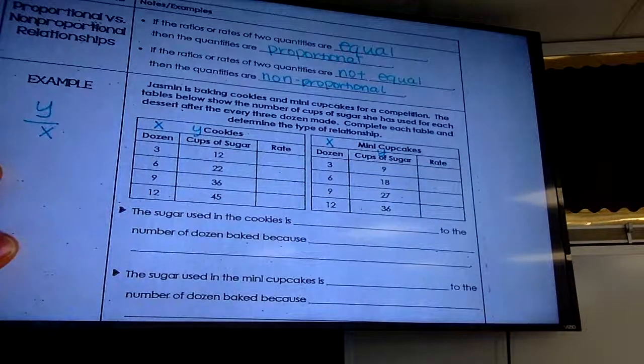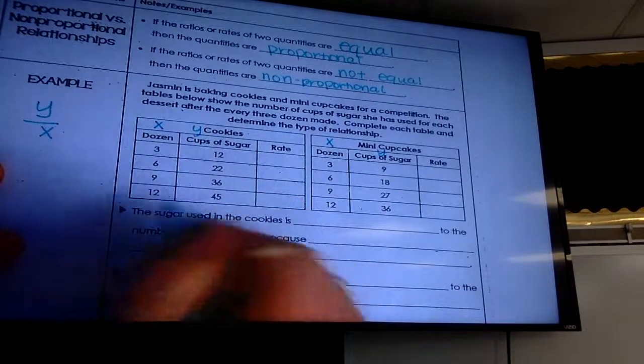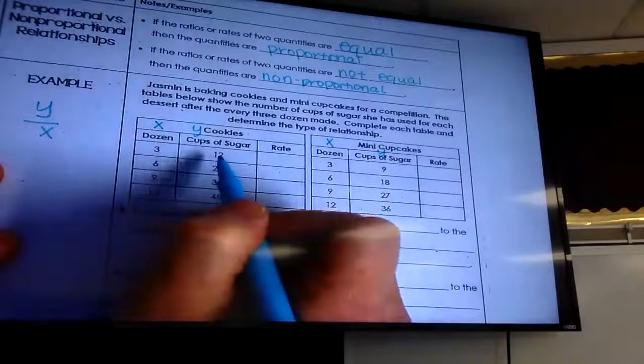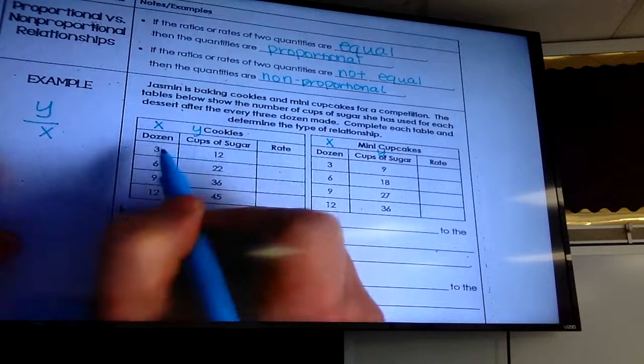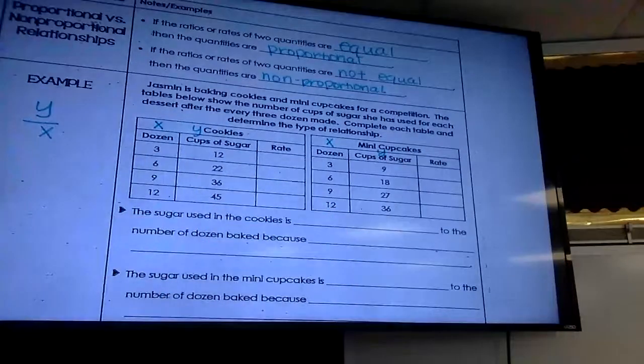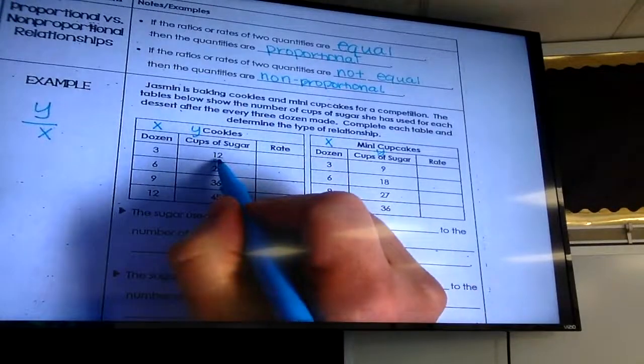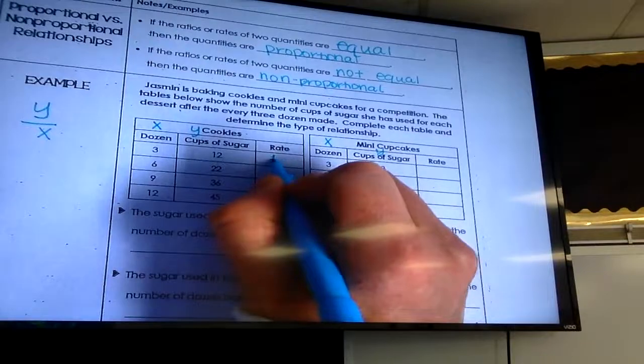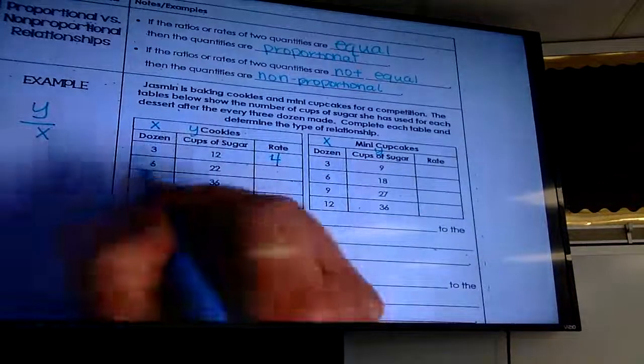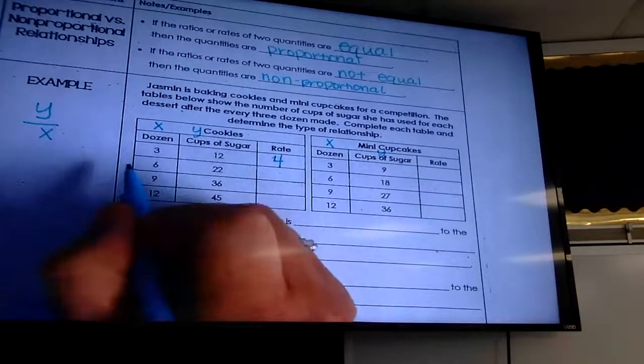So the first thing we have to do is take our calculator and do a bunch of division. It's always our y number divided by our x number. Some of these are definitely easy enough to do in our heads. Other ones we might want to use our calculator for. So 12 divided by 3, y divided by x. 12 divided by 3 is 4. Then I'm going to do it again. 22 divided by 6.